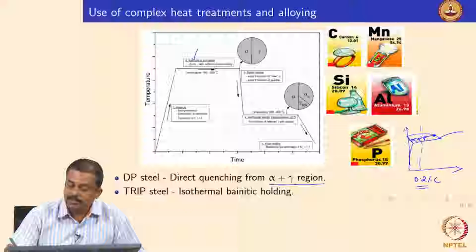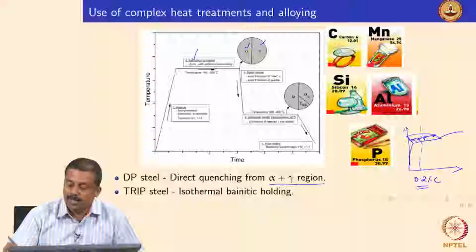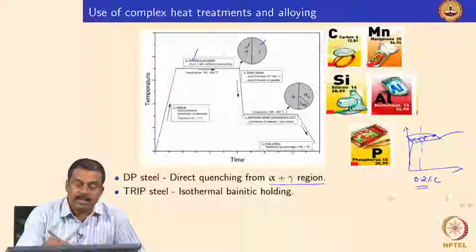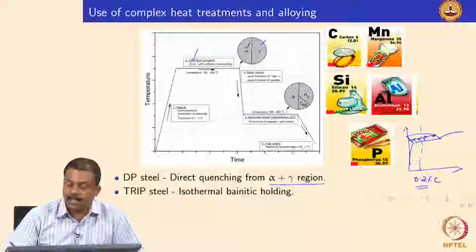So we are enriching the austenite in carbon. If you have a microstructure containing both ferrite and austenite, and you cool it to room temperature, because of the increased hardenability of this austenite, we may form martensite at much lower cooling rates than are generally needed for steels containing 0.2% carbon.